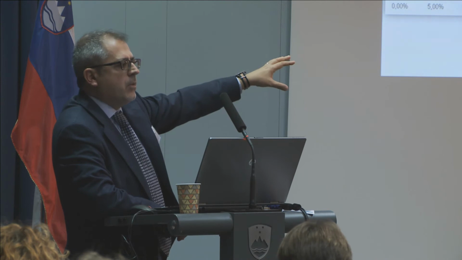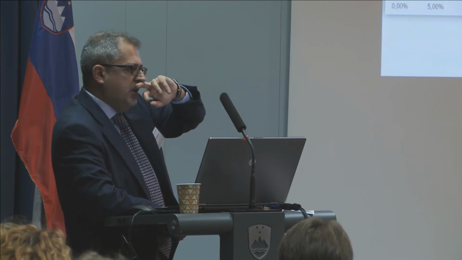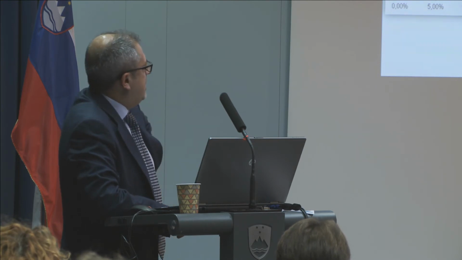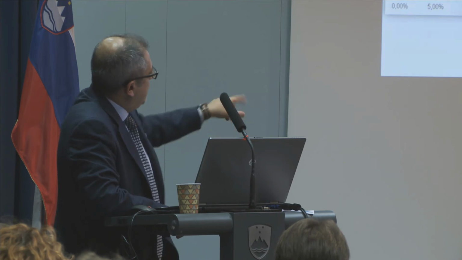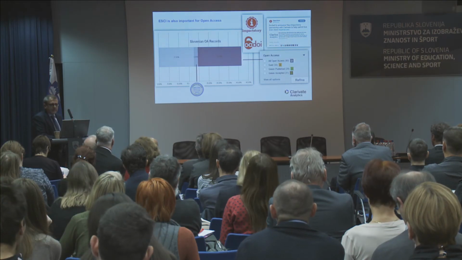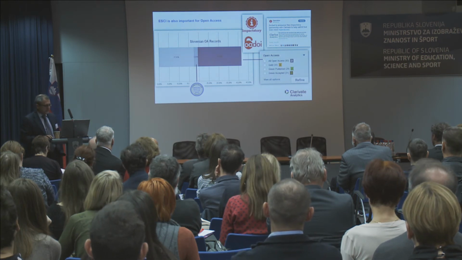So we will be able to give you the exact number, or at least a statistically significant number, not only for gold open access, referring to the Directory of Open Access Journals, but also for green open access, so articles that you might be uploading to a green repository, published or already accepted for publication. So that would be, at the moment, the representation of open access in Slovenia. More than 40% of the papers are open access, whatever the model.